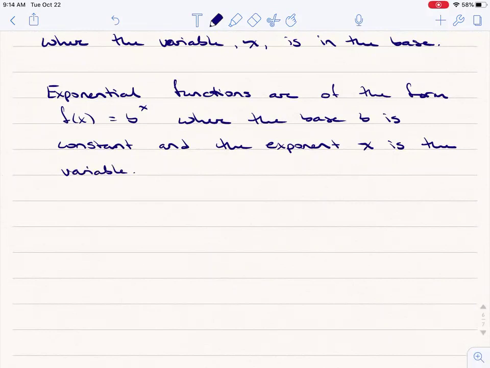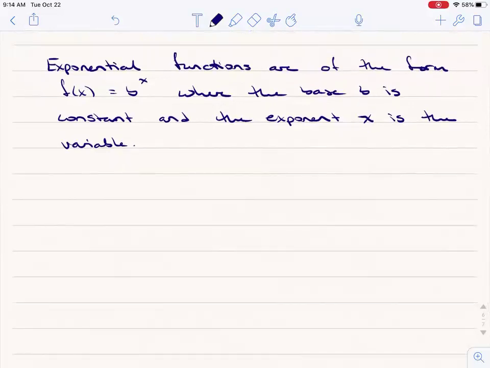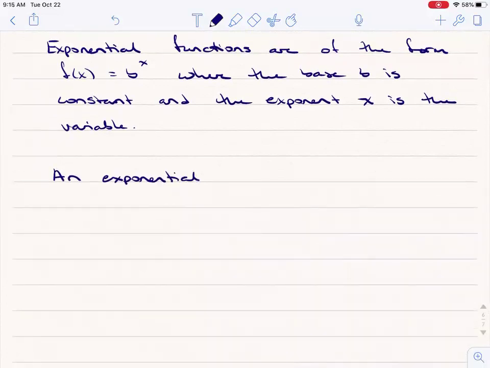Fair enough. Just as a formal definition, an exponential function puts a few restrictions on b.